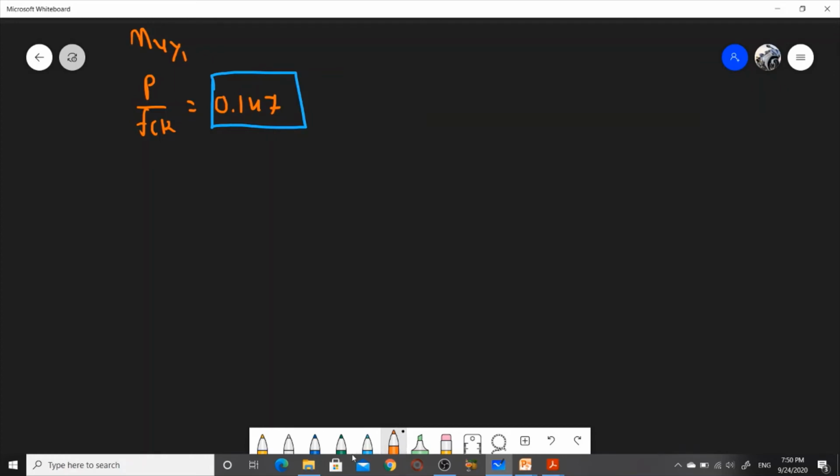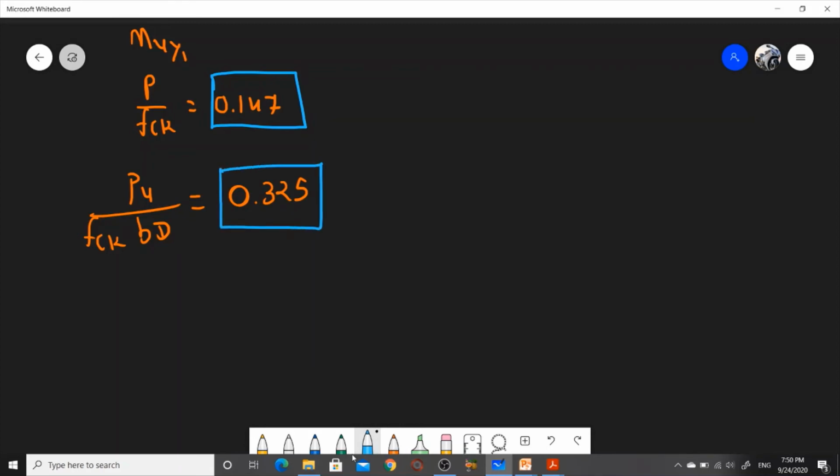Same PU, FCK, BD, this value almost same, 0.325. Second value D dash by capital D, this value also same, 0.15. So all these three values are same.